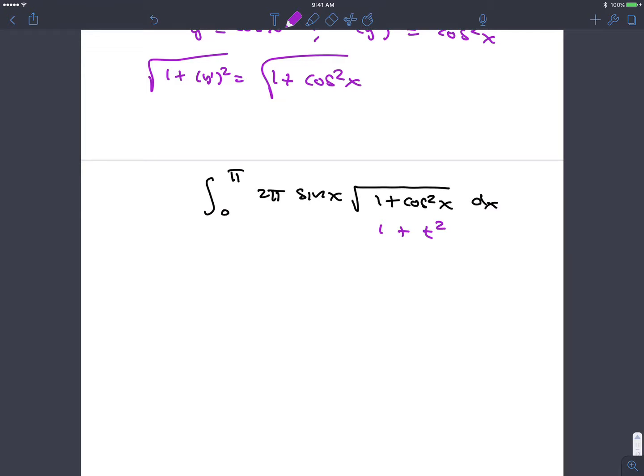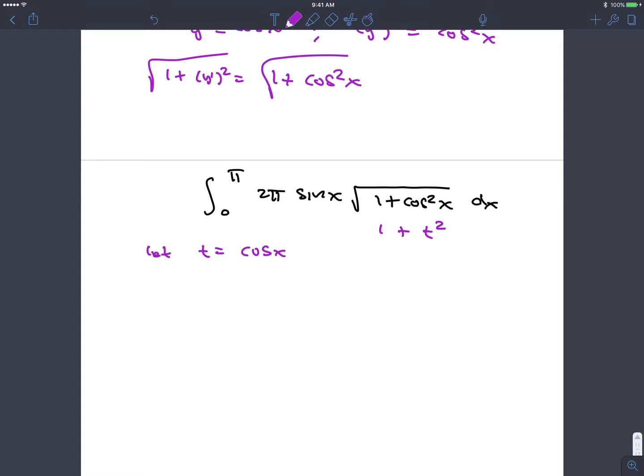Trig sub. Now, you might want to do the intermediate step, and you're going to say, let t be what? t be sine, I guess. Is that right? Oh, I'm sorry, that's not true. Let's go back. Let's do the intermediate step here. t is cosine, is that right?